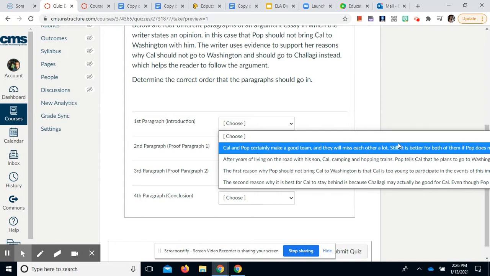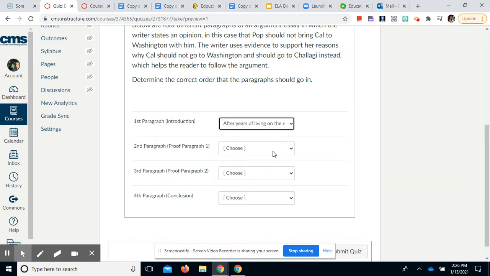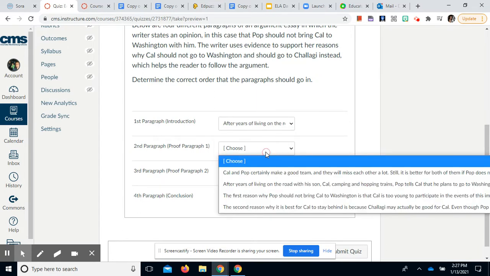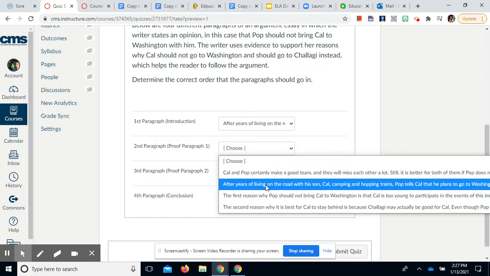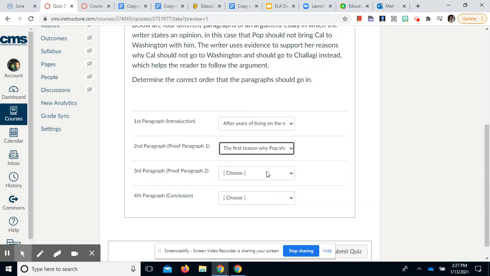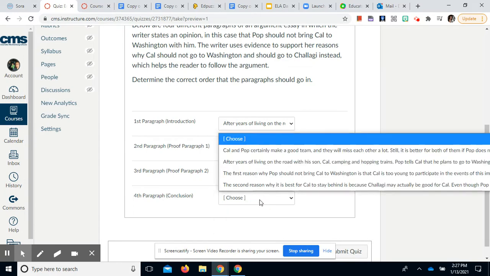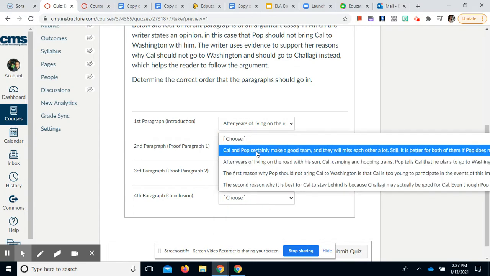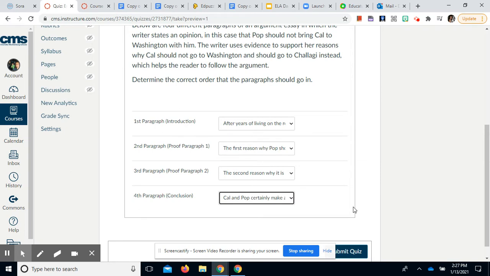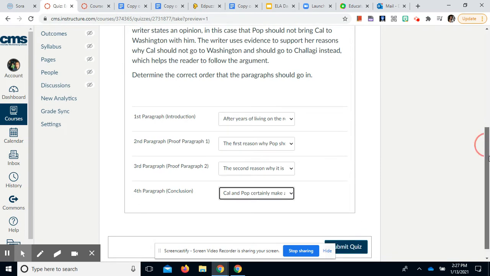Between these two, if you look at that transitional word "still," that means that information has been presented already. So we are going to say that "after years of living on the road" is the introduction. Then we have the first reason, the second reason, and "Cal and Pop certainly make a good team."